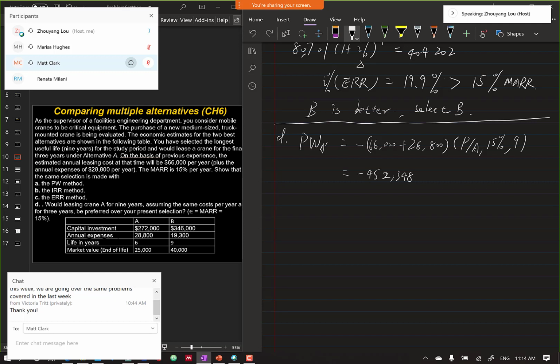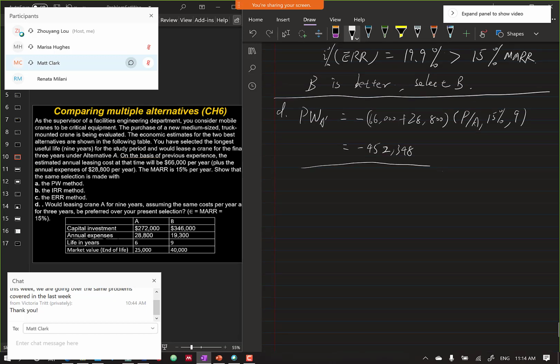Yeah, because it's just leasing, so we don't need to account for the capital investment for the A. So this will be the present worth of this leasing project, but that's minus 452,348, which is greater than the B. So the B will be minus 426,720, but still less than the A, the original A, which is minus 463,758.